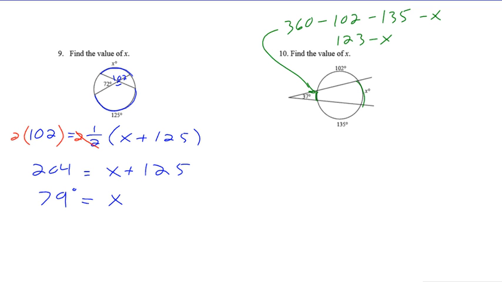Because the angle is outside the circle, the angle equals half of the big arc minus the smaller arc.